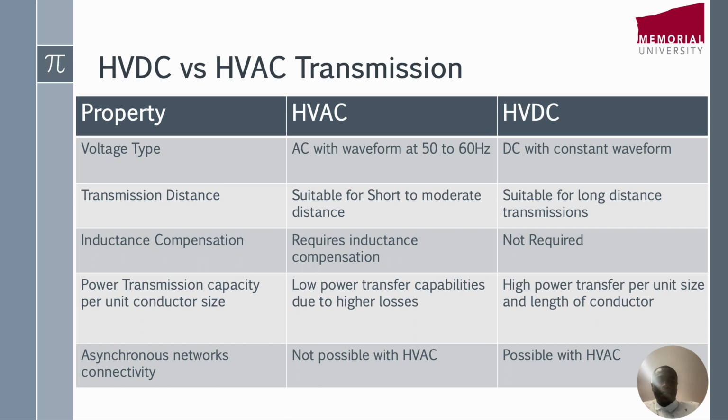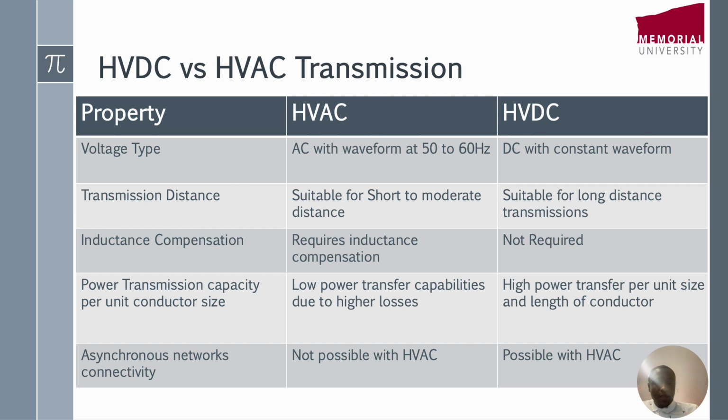In terms of transmission distance, HVAC is suitable for short to moderate distances, and HVDC is suitable for long distance transmissions. On inductance compensation, HVAC requires inductance compensation, but HVDC does not.